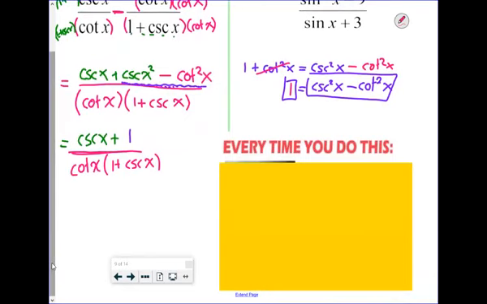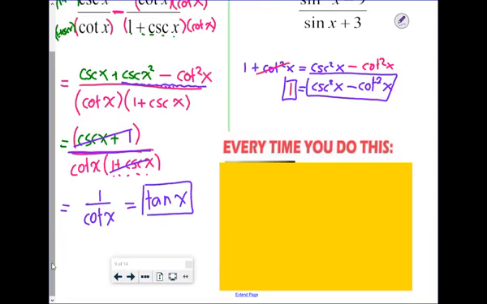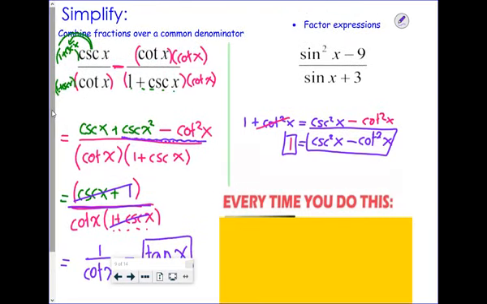We have this factor in the numerator that is exactly the same as that, which could have been rewritten as 1 plus cosecant of x. So this factor and this factor are identical, and we've got division. Not addition or subtraction. We've got multiplication and division, so you can cancel out. So we've got 1 over the cotangent of x, which is the same thing as the tangent of x. Have I finished, or did it say I have to write it in terms? Oh no, it just said simplify.